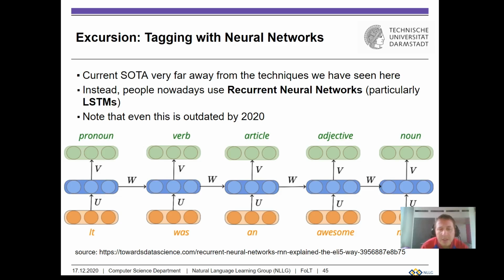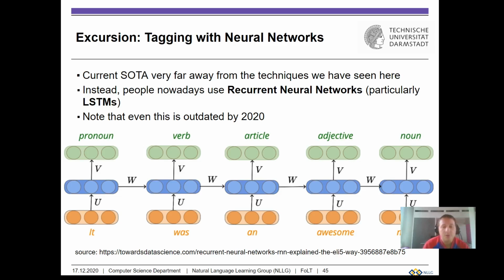And note, even by 2020, this network architecture is outdated and has become replaced by so-called transformer networks, which I will not explain here, not even in brief. But let me quickly explain the RNN, the recurrent neural network architecture, to you, just so that you get some idea of what is going on in practice.